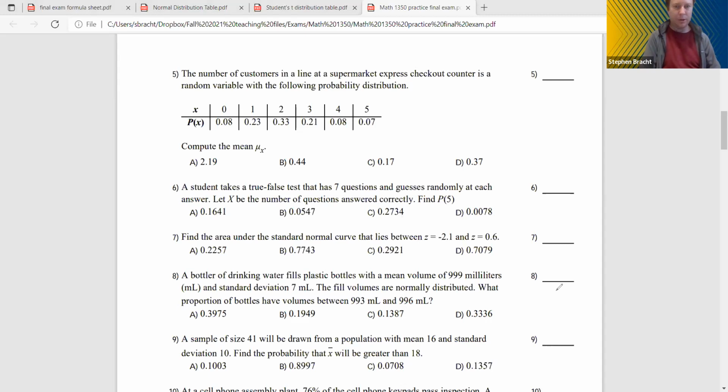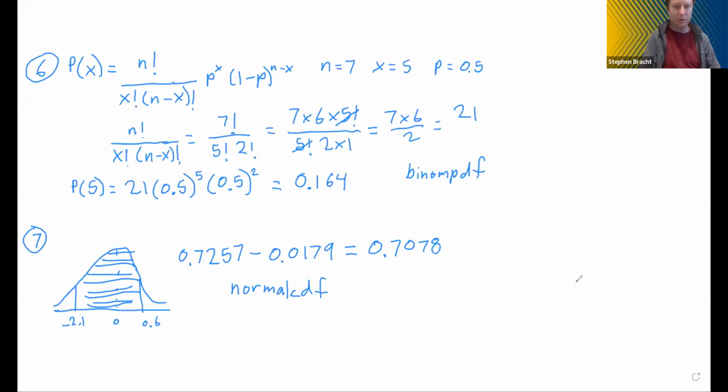Okay, so here is what that looks like. I'm going to need more room, so up to number 8. Here's my normal curve.